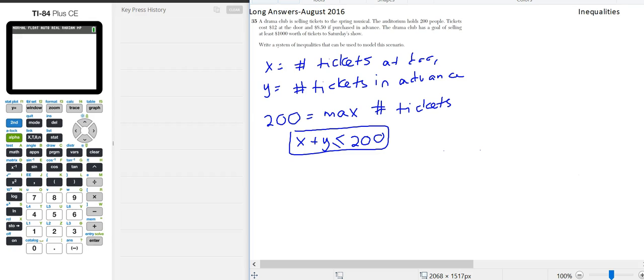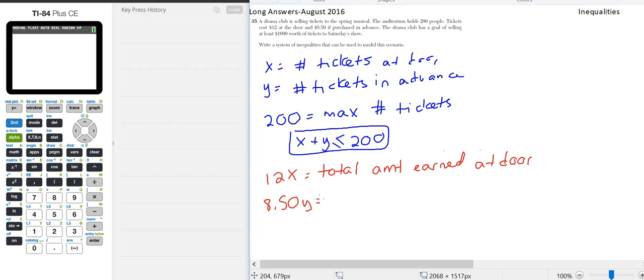And our other inequality, let's write out what we know. Tickets cost $12 at the door. So 12X is equal to the total amount earned from all the tickets sold at the door, because it's $12 for each ticket. And then tickets sold in advance are $8.50 each. So 8.50Y is equal to the total amount earned from all the tickets sold in advance.